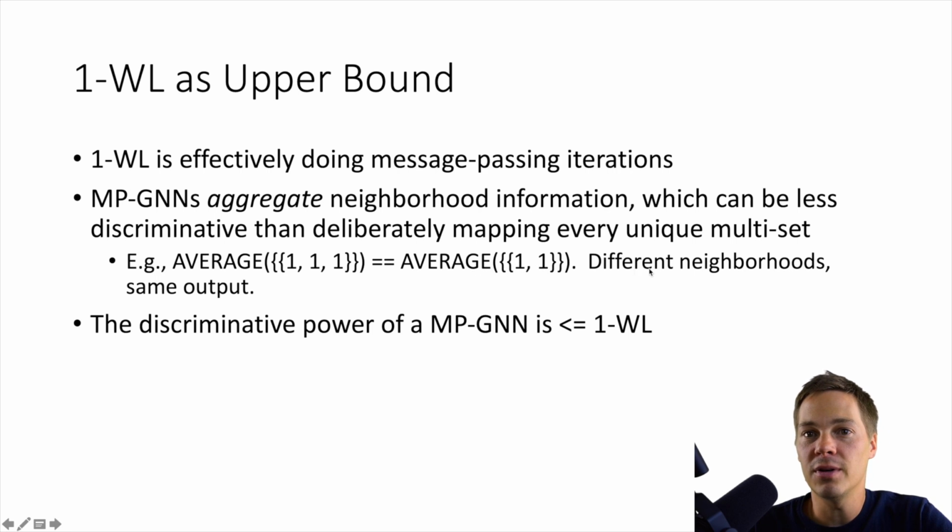In other words, different neighborhoods will give us the same output, and we can't distinguish between these two things. It becomes clear that when we apply an aggregation function to this multiset, we're going to approximate a mapping, but perhaps not be able to recover it entirely. So therefore, the discriminative power of a message passing GNN is going to be less than or equal to this 1WL algorithm.